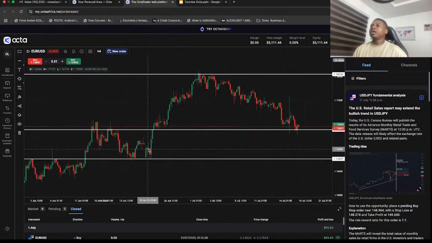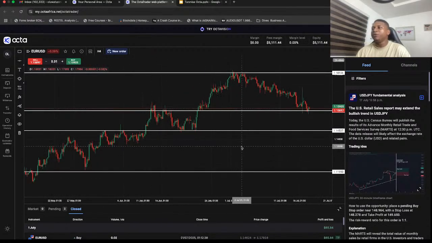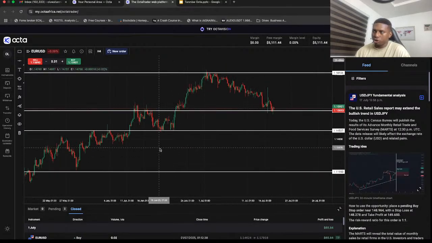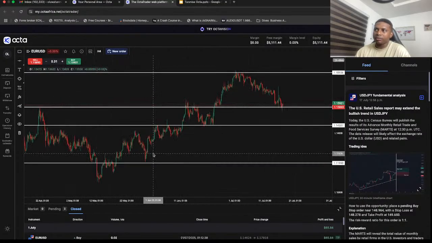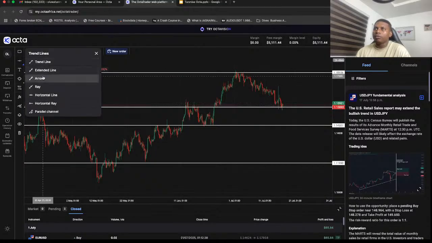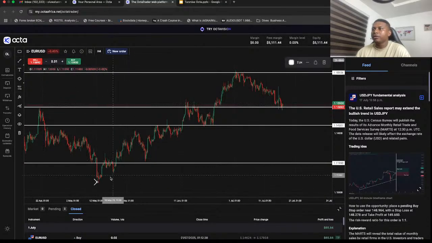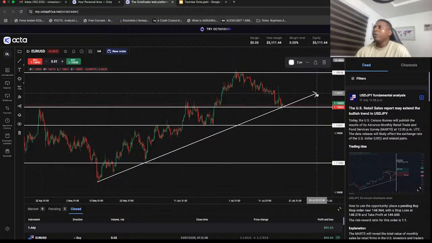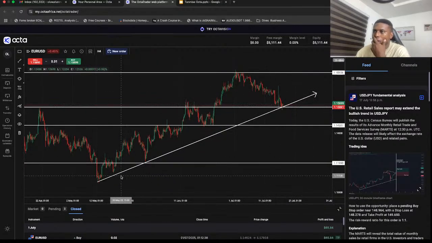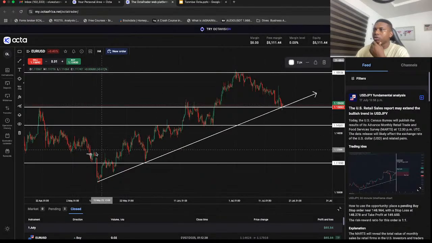Good. Now we can see that the 4 hours time frame is giving us a clearer picture as to what is going on in the market. Looking at it from this level where price had moved from here, we can see how price has been moving on the 4 hours time frame.